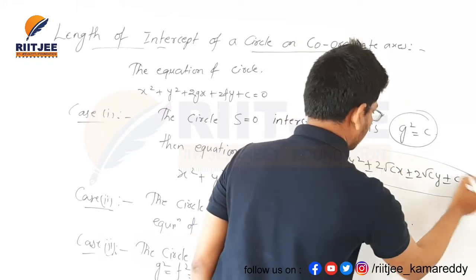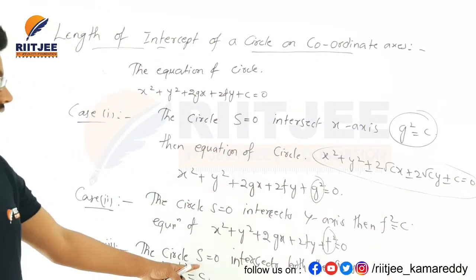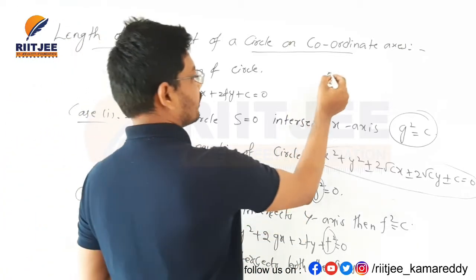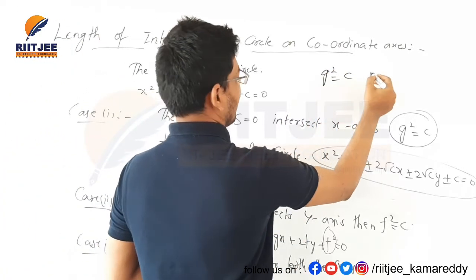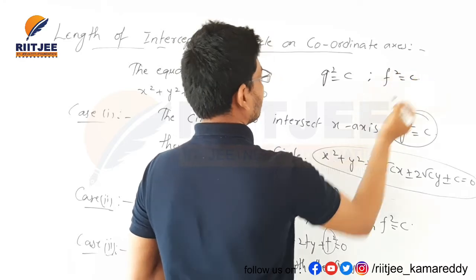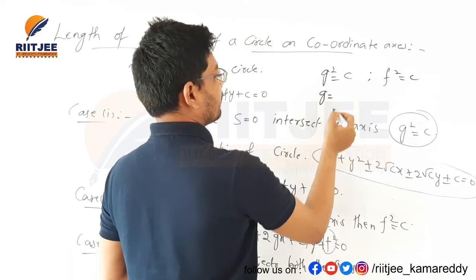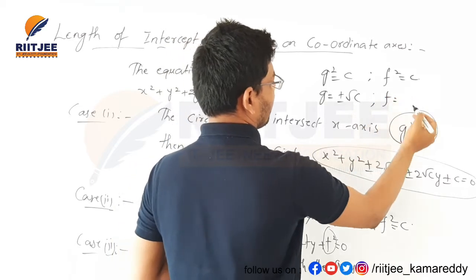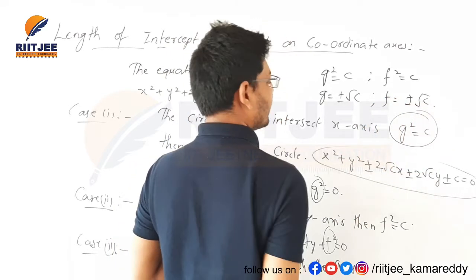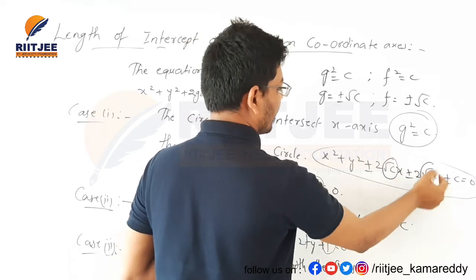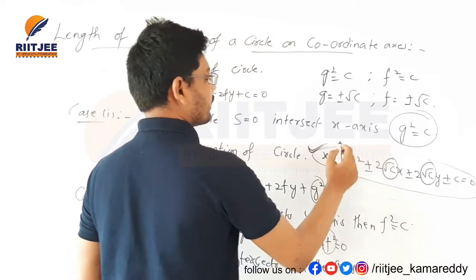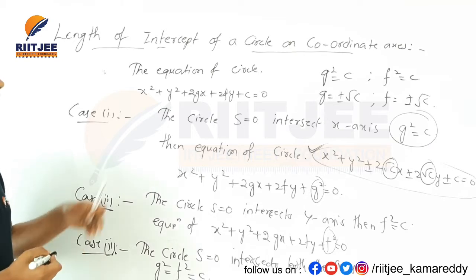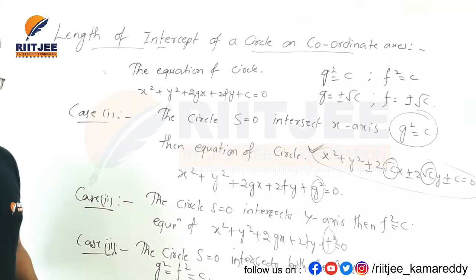This is the equation of circle when the circle touches both the axes, where g square is equal to c and f square is equal to c. Here the g value will become plus or minus square root of c, and the f value will become plus or minus square root of c. That's why if we substitute the g and f values here, the equation of circle will become like this. This is all about the length of intercept of a circle and their three cases.